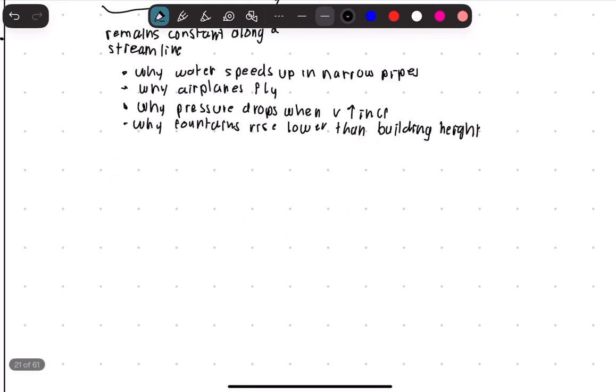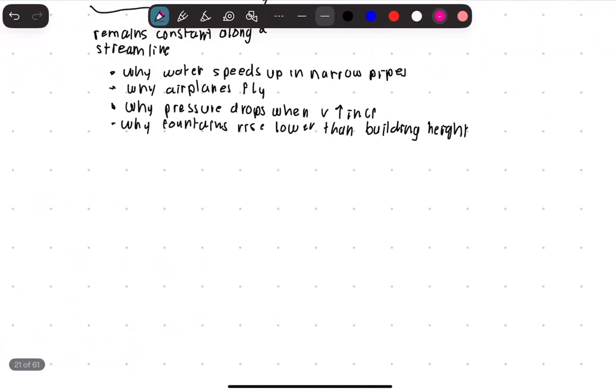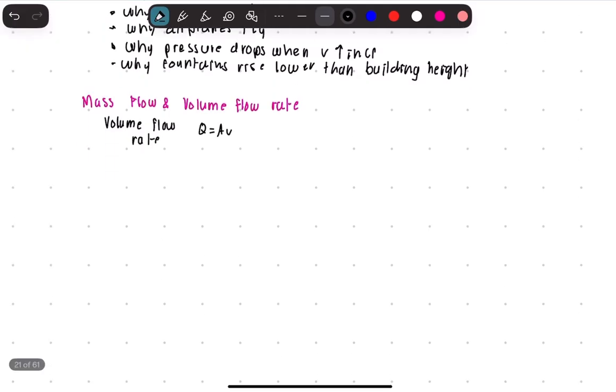Now let's move on to mass flow rate and volume flow rate. The formula for volume flow rate is just Q equals AV, and the units are meters cubed per second.